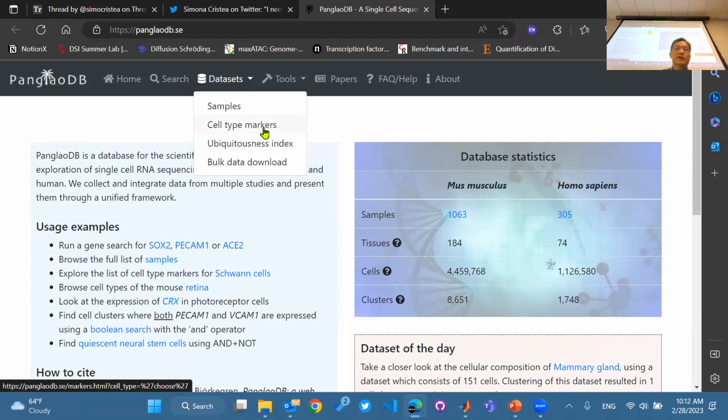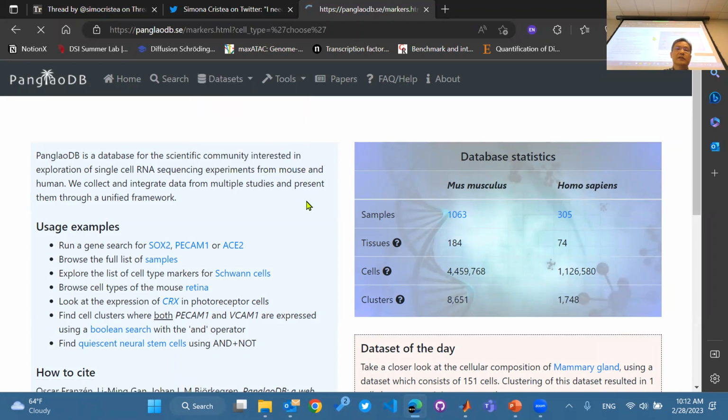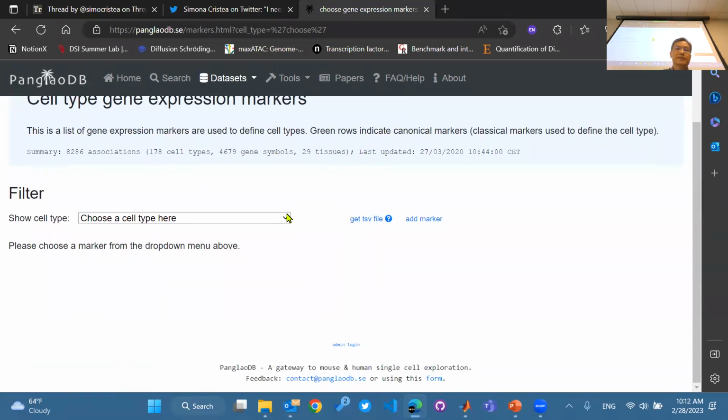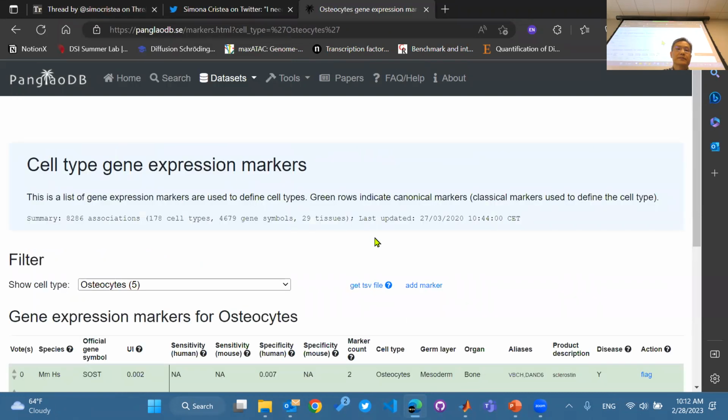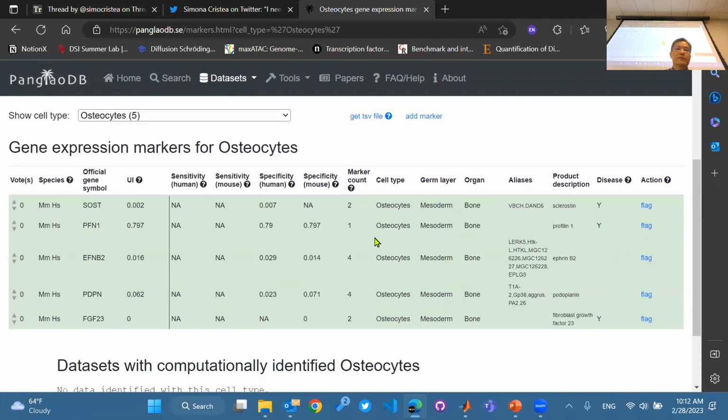Okay, so under cell type marker, that's where we can get this database. For each cell type, for human and mouse, you have about 5 genes as marker genes for that particular cell type.